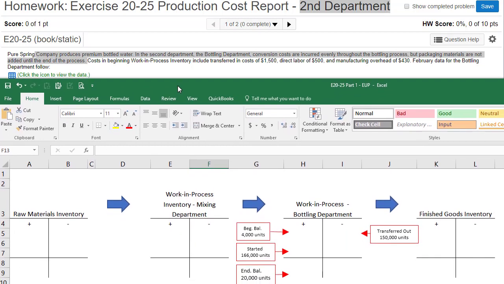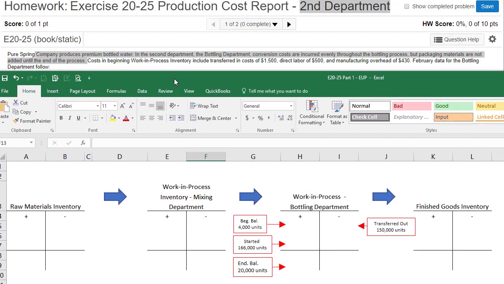So in Excel, I've created some T accounts to show the flow of costs. So raw materials are our first cost, and that's probably going to be the water, and who knows what they're mixing. By the way, the mixing department is the first process. We don't know what they're mixing. Maybe they're mixing the water with carbonation or electrolytes or whatever.